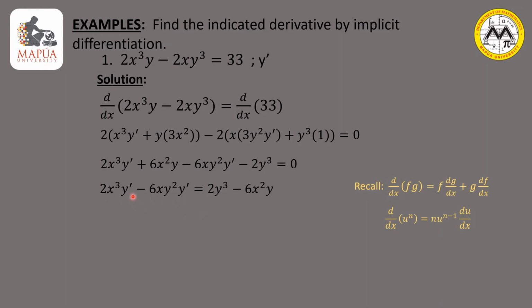And factoring out y prime here and solving for y prime, we will come up with, on the left, the product of y prime with 2x cubed minus 6x y squared equated to 2y cubed minus 6x squared y.